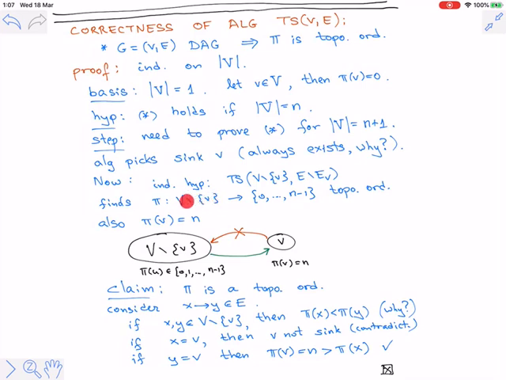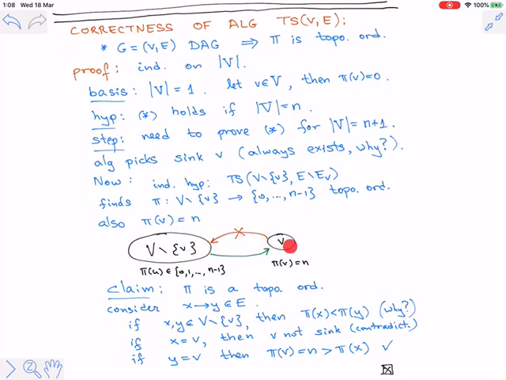Now, the number of remaining vertices is n because we started with n plus 1 vertices and we omitted one vertex. So we're left with n vertices. And we assign them numbers from 0 to n minus 1. And then what we do is we take this sink and we assign it pi of V equals n. So what do we have here in this diagram?